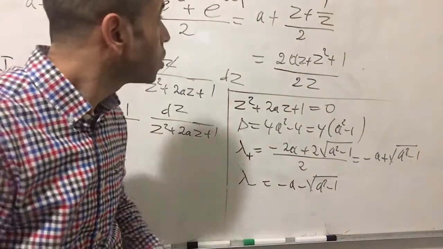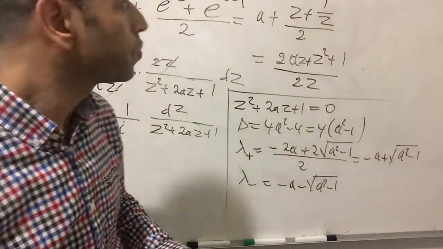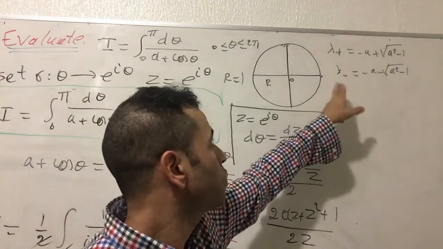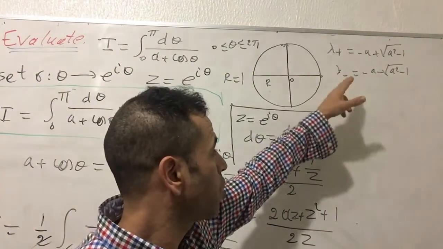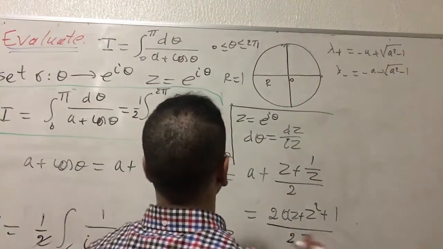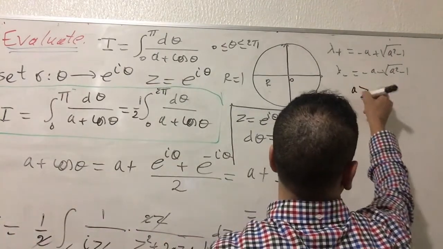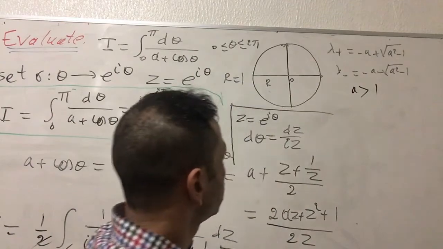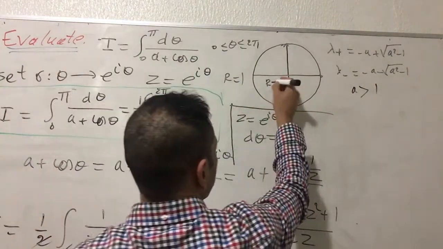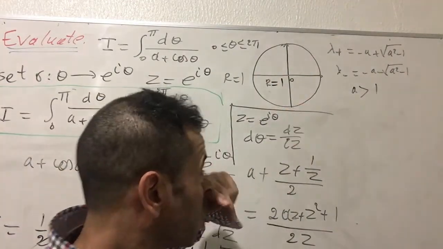As you see here, I'm going to figure out which pole is inside the unit circle. I found 2 poles. Be careful with these poles because I'm going to take only one, because only one pole is inside this unit circle, because we have a condition here: a must be strictly greater than 1. As we know, r is equal to 1 as the radius of the circle.